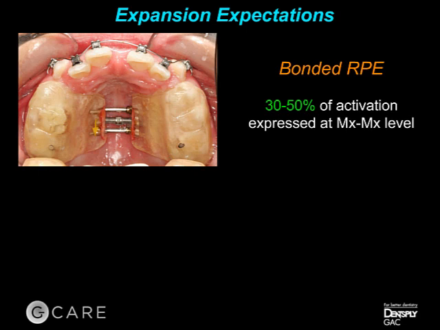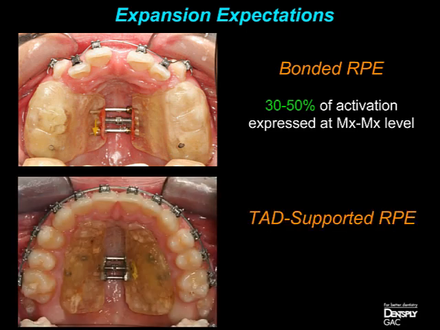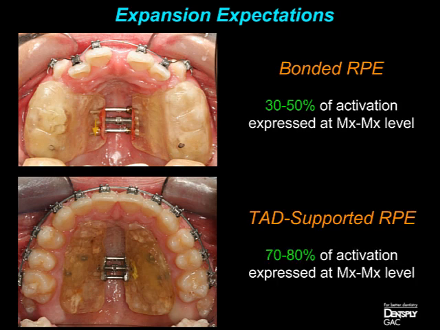Once again, the bone is what my goal is. Looking at TAD-supported expansions, which we're going to talk about in a few minutes, we're actually seeing even more, about 70 to 80% of the activation expressed at the maxillary level at the bone. And like I said, with our goal being sutural expansion, knowing how much I can get out of each expansion type at the level of the bones is what's important to me.